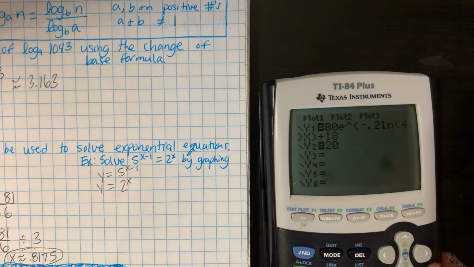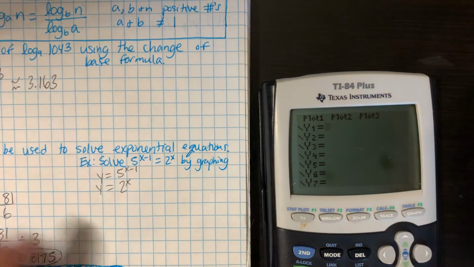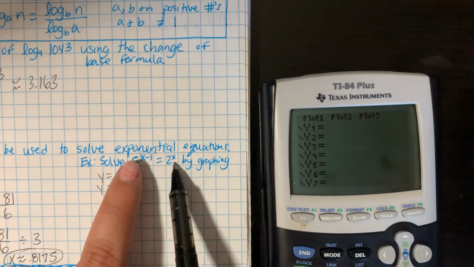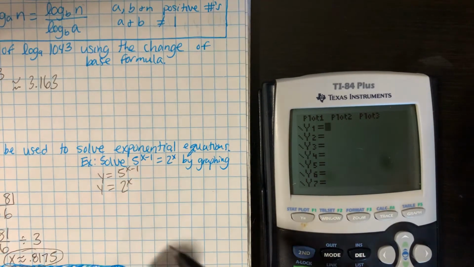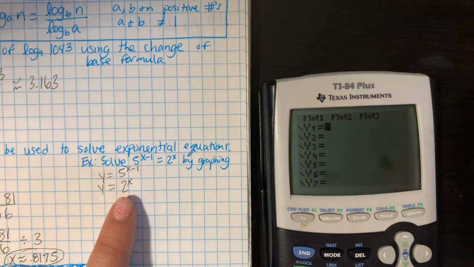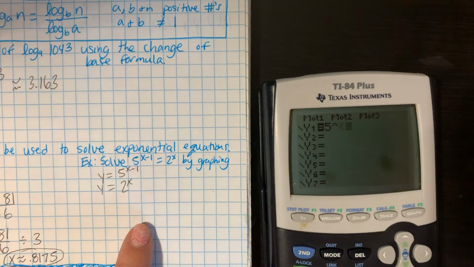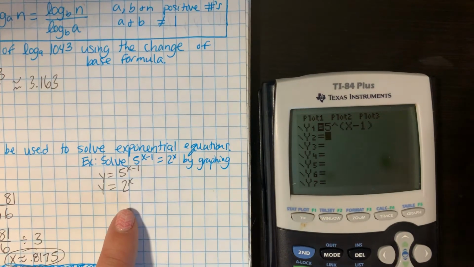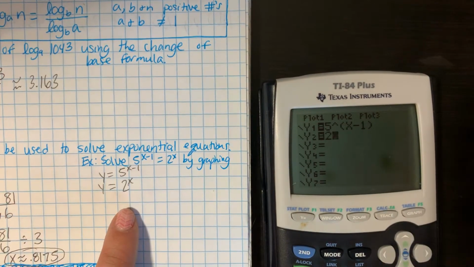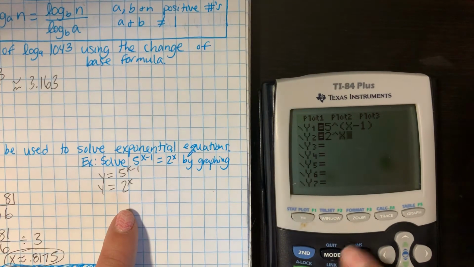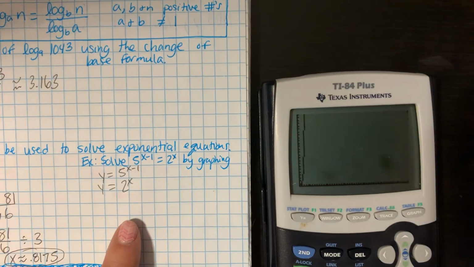Because it says we want to know when they're equal, we're going to plug two equations in and find out where they intersect. So we're going to say 5x minus 1. Make sure you use your parentheses so that you have the right thing.